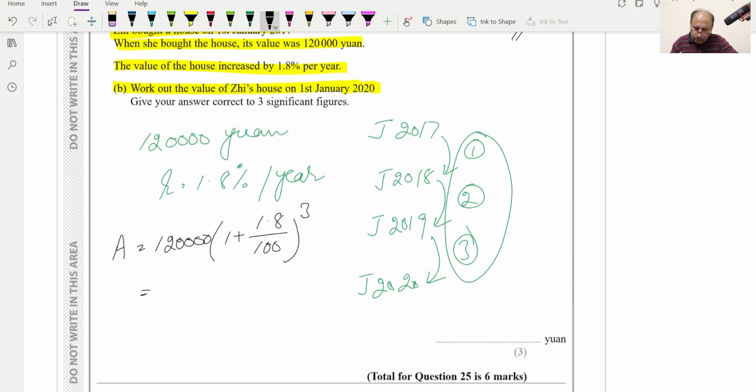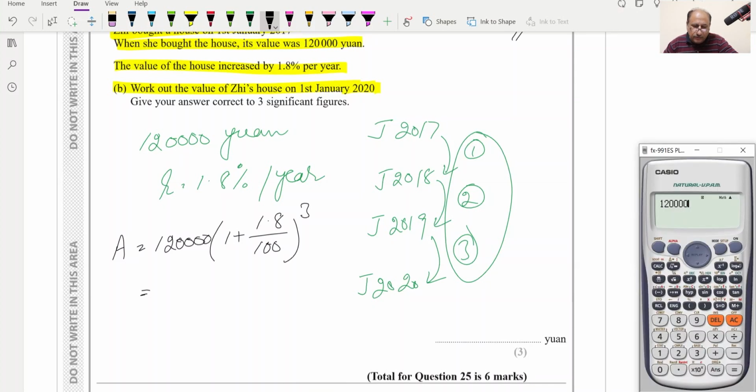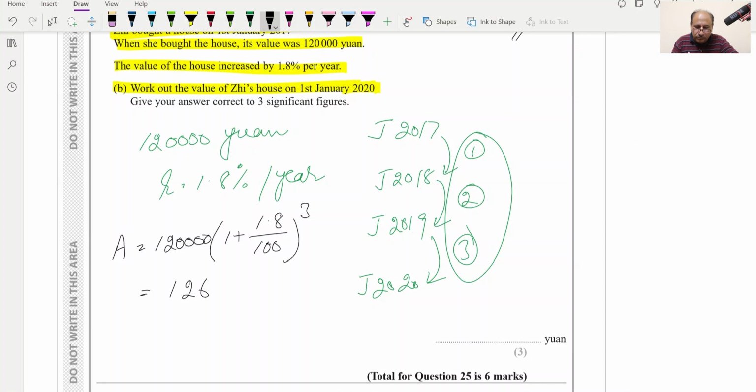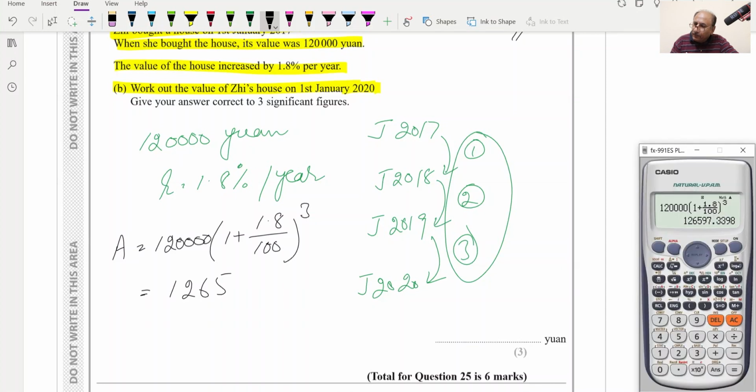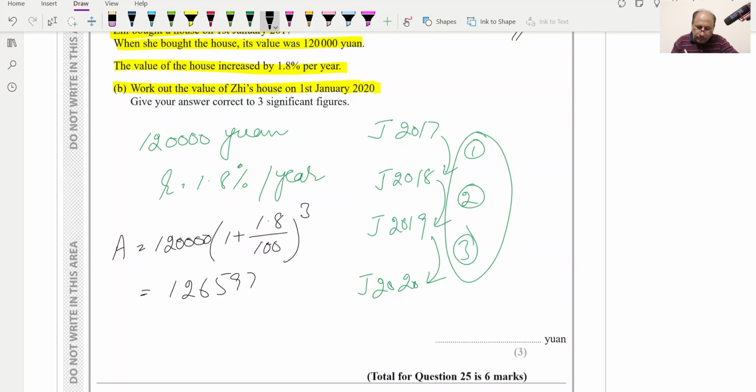We missed 1 0 over here, so 4 zeros, and bracket 1 plus 1.8 over 100, and this will be raised to the power 3, and this is equal to 126,597, and we have to provide up to 3 significant figures.